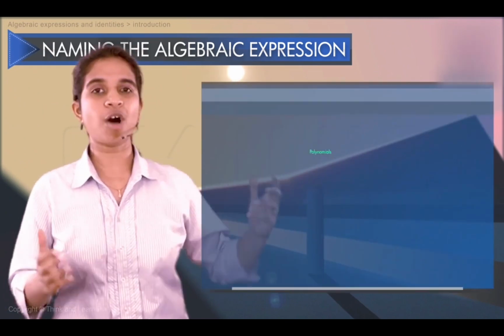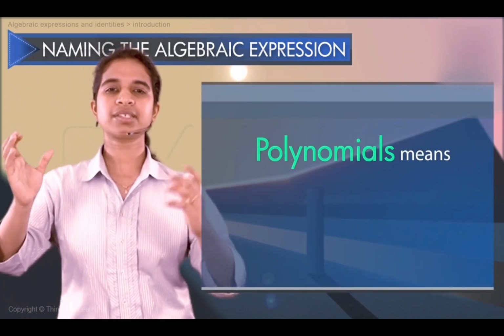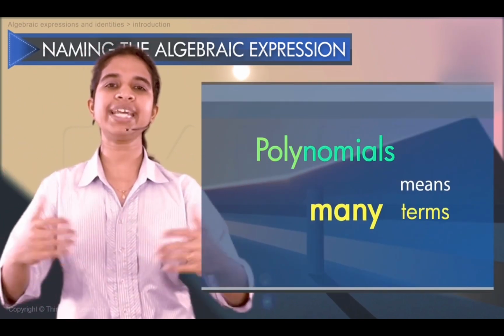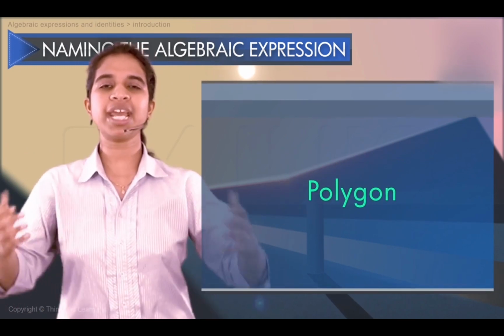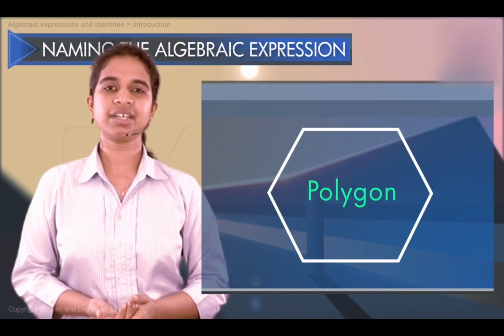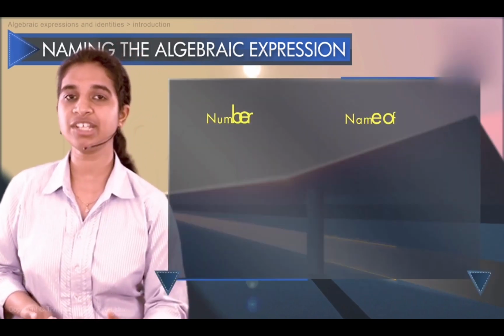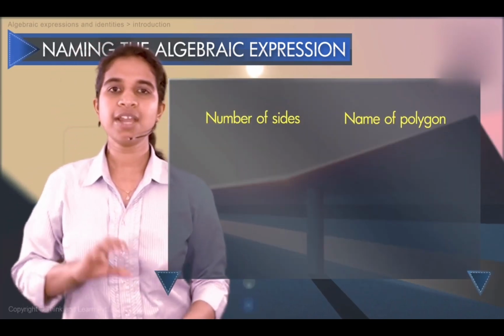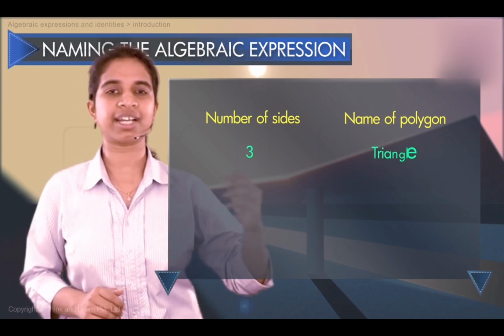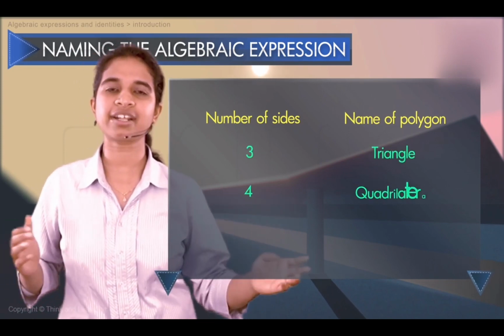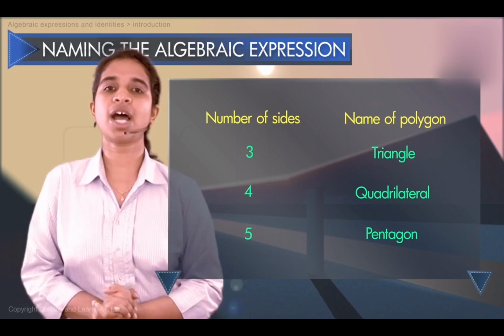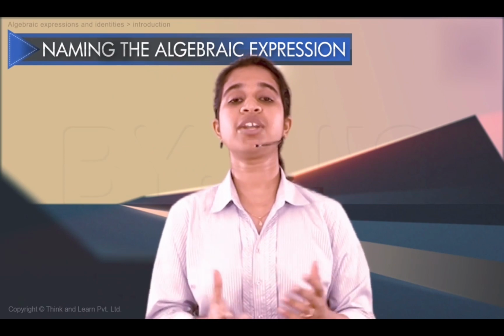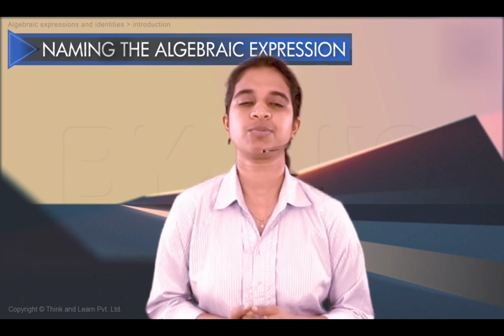Now, these polynomials, right? Polynomial means something having many terms. Poly is many, right? Polygon is a shape having several sides. Depending on the number of sides, you give a polygon a specific name. If a polygon has 3 sides, you call it a triangle, 4 sides, quadrilateral, 5 sides, pentagon, and so on, right? Similarly, depending on the number of terms, we can give different types of polynomial special names.